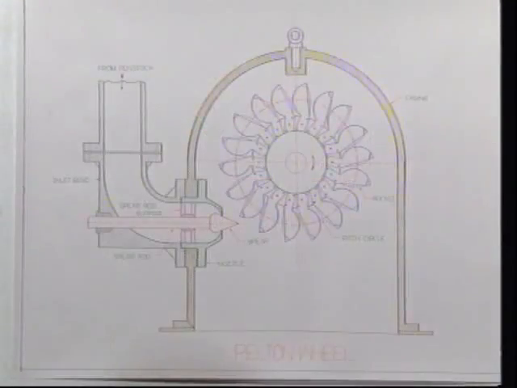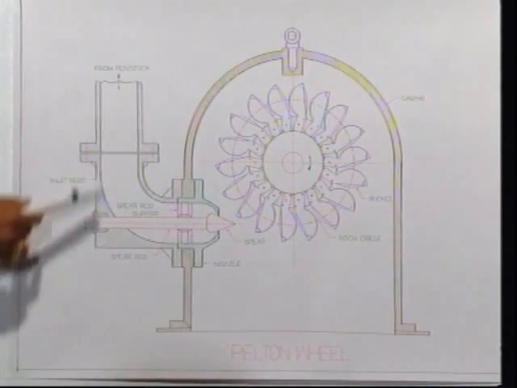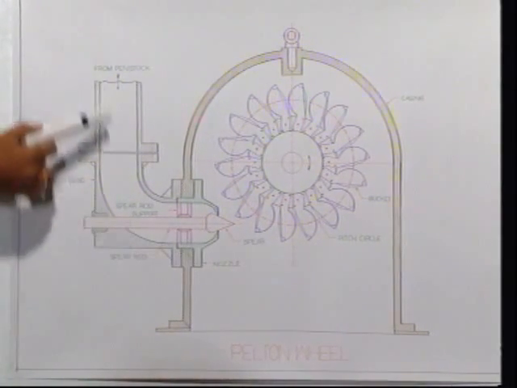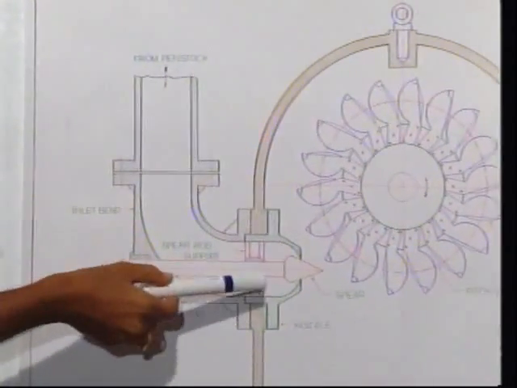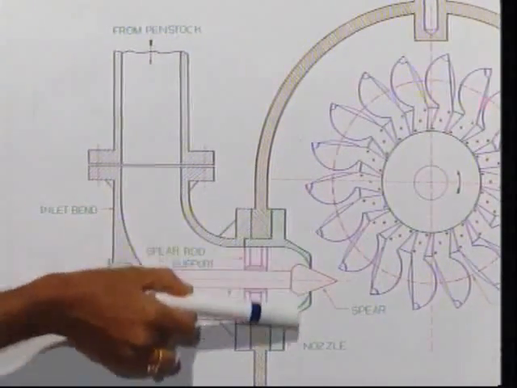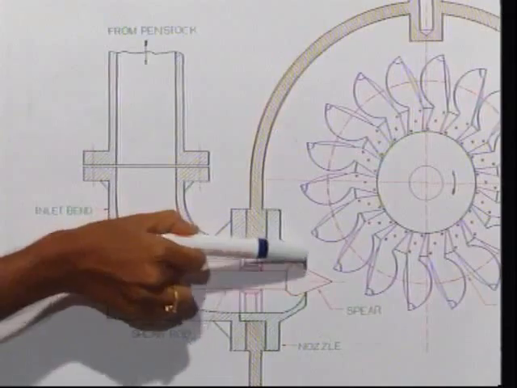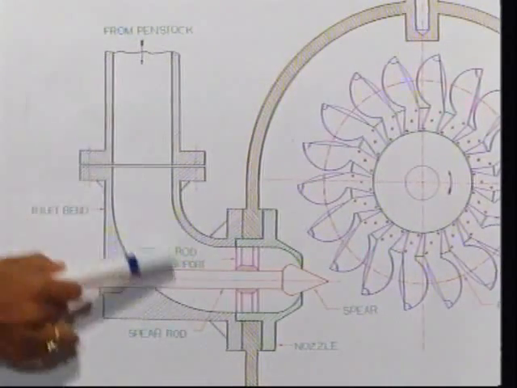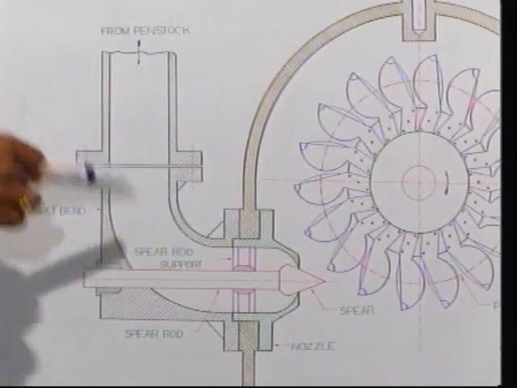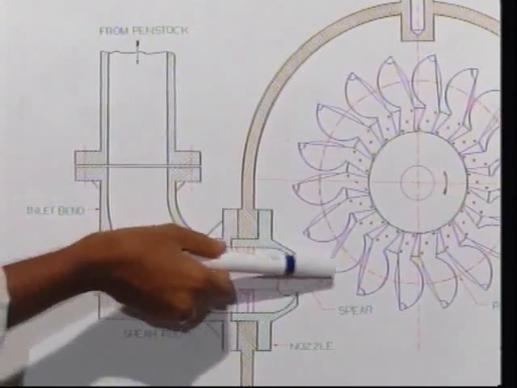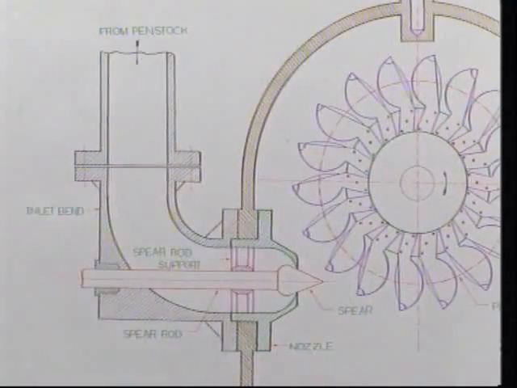The pressure energy of the water is converted into kinetic energy in the nozzle here. Water enters from the penstock, it comes onto this, and this is the nozzle. Since the shape of the nozzle is gradually decreasing, the pressure energy will be converted to kinetic energy, and the high speed water will be hitting the blades here.